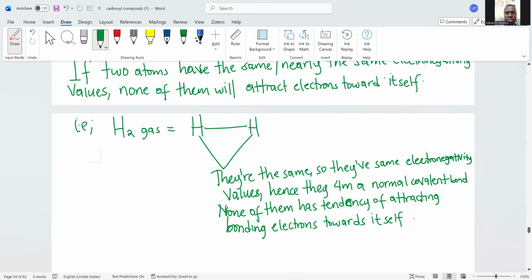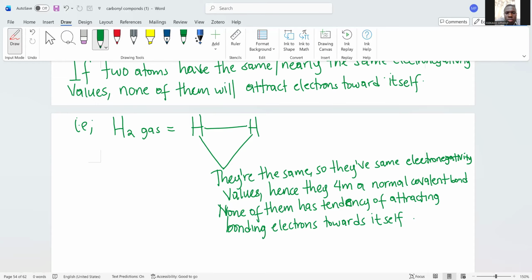They form a normal covalent bond, so none of them has the tendency of attracting bonding electrons.